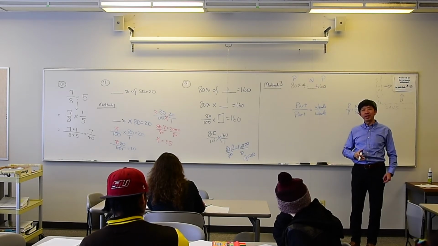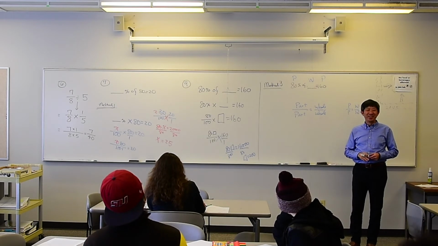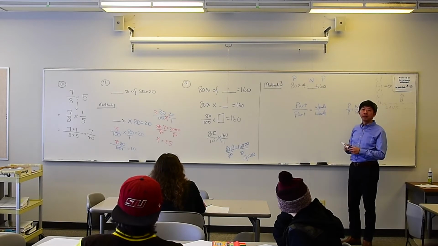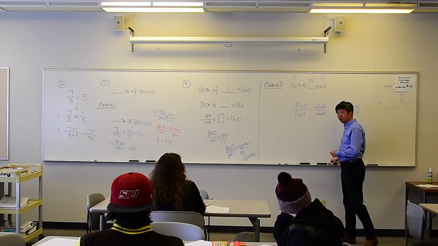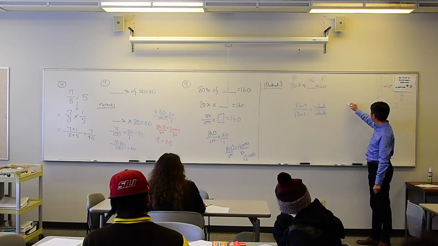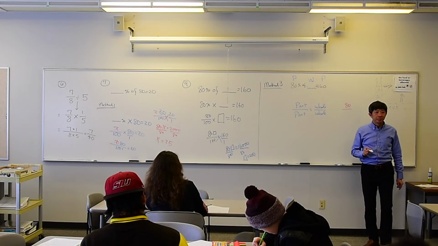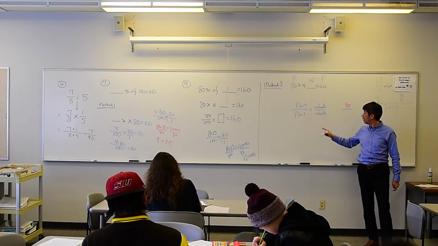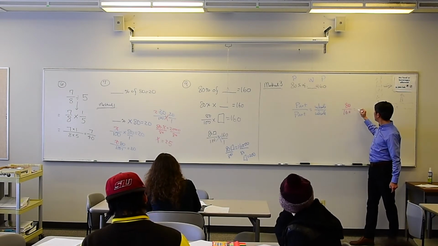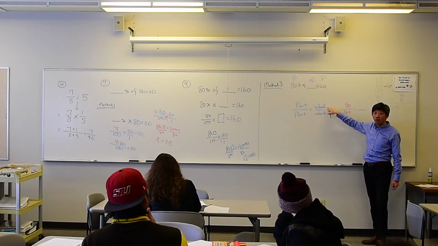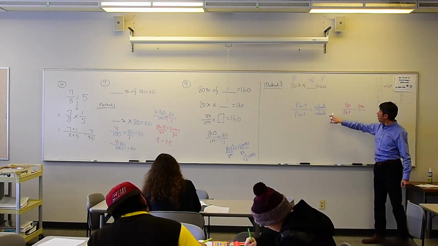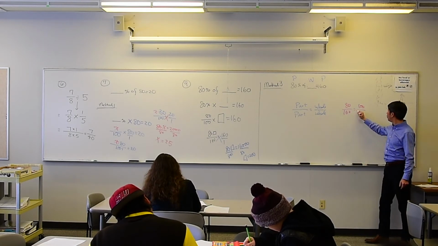So part over part is 1, whole over whole is 1, right? Now can we fill in this? This is called proportional reasoning. Now for part, we fill in part is 80%, makes sense to you? And then, do we have a part for the number? 160, makes sense to you? Do we have a whole? Whole, how many percent? 100%, put 100 there. And the number for the whole, we don't know. Can we put our x, yes or no?